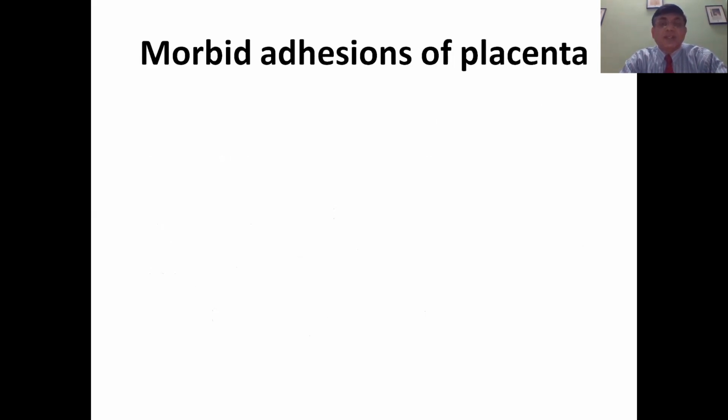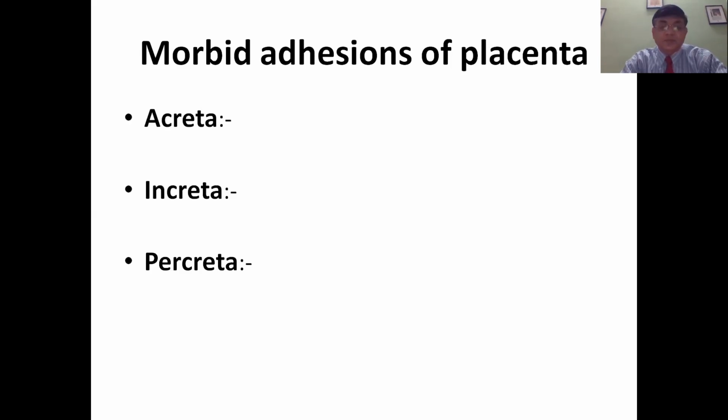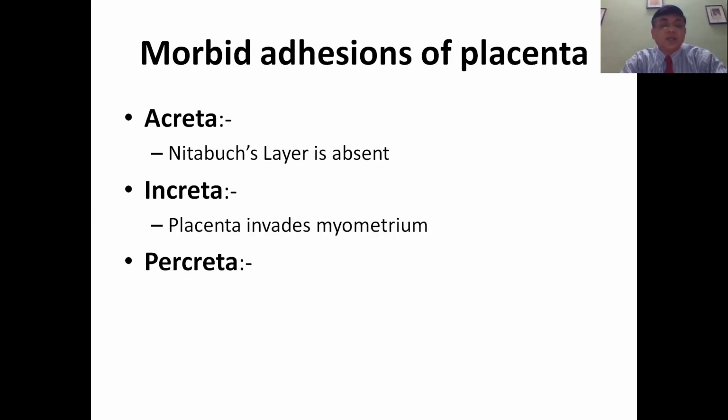So what are the morbid adhesions of the placenta? We have seen accreta, increta, and percreta. What is accreta? Nitabuch's layer is absent. What is increta? Here, not only is the Nitabuch's layer absent, but placenta invades the myometrium.